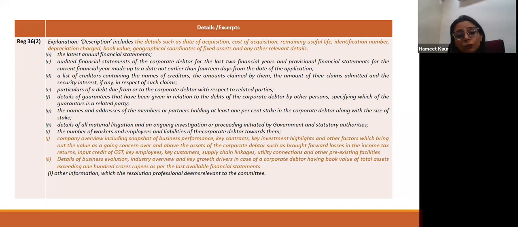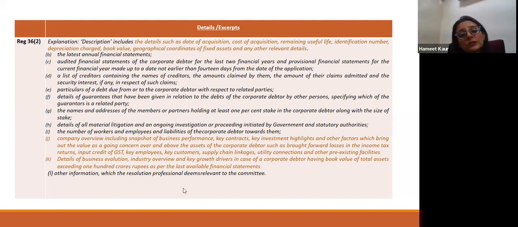Details of the business evolution, industry overview, and key growth drivers, in case of a CD having a book value of total assets exceeding 100 crore rupees as per the last available financial statements. So this subclause K is limited to a CD having a book value of assets of more than 100 crore rupees.